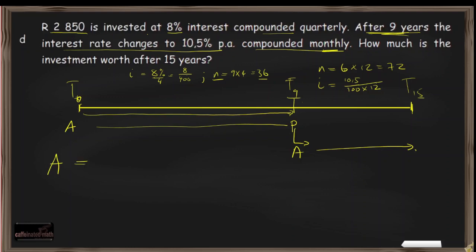Now remember, the formula we're going to use, because we are compounding and this is an investment, is A is equal to P, which is our principal, times 1 plus i to the power n. So let's do that for this formula.